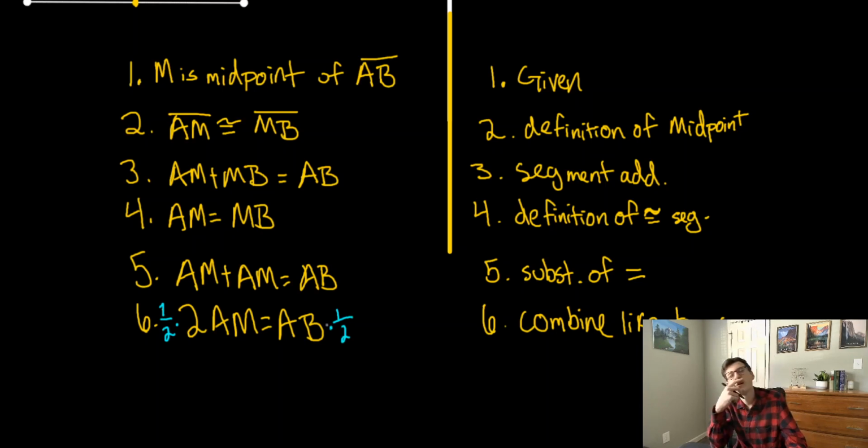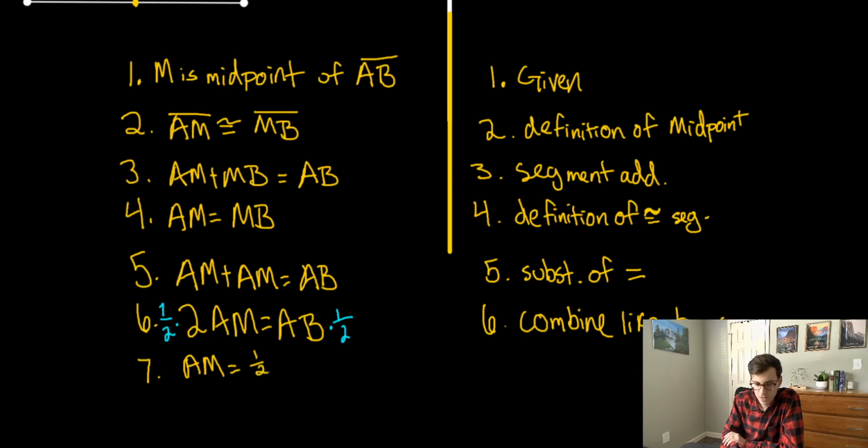Can I do that? Yeah, that's fine. So that gives me AM equals 1/2 AB by the multiplication property of equality.